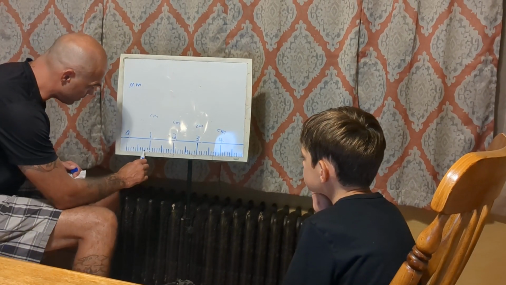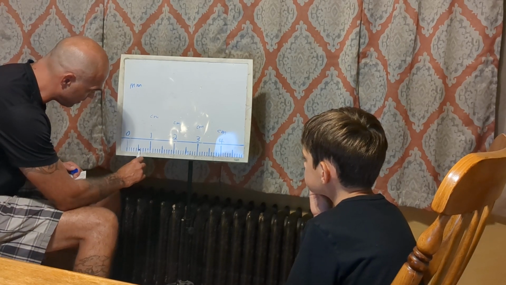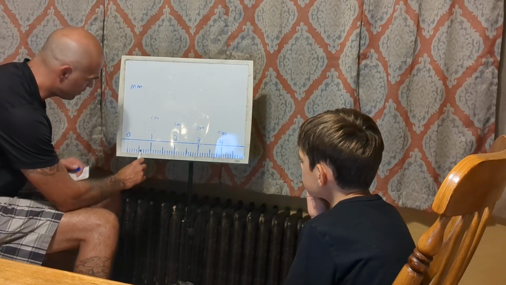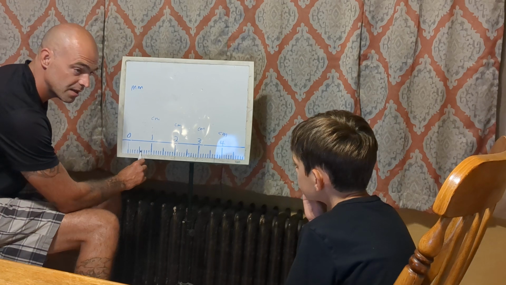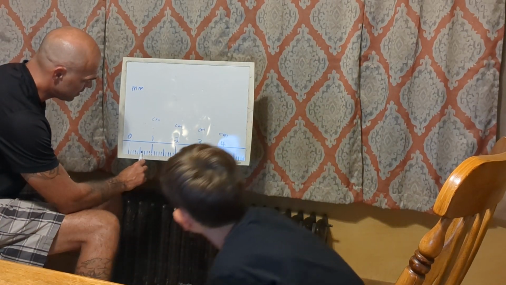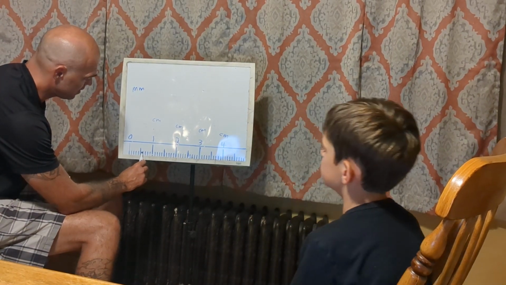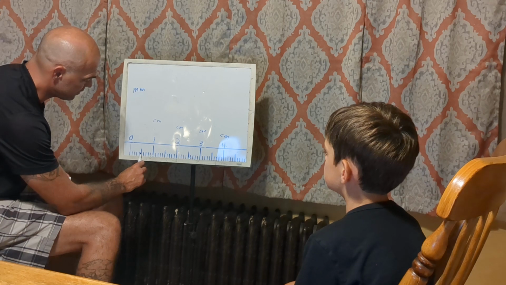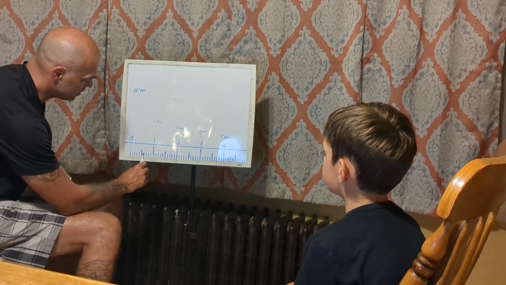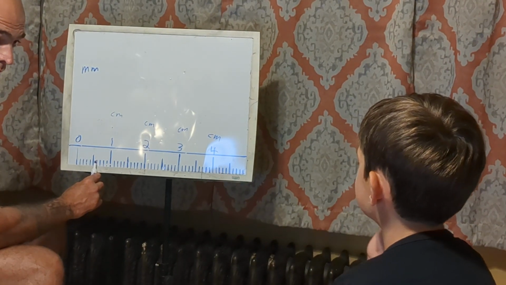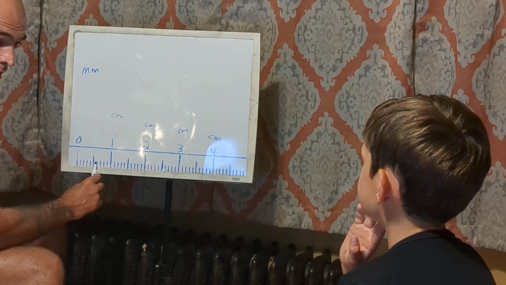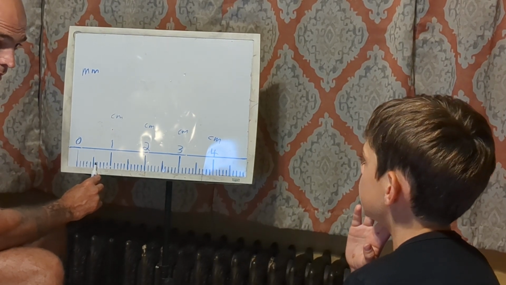Okay, so if I ask you what this one was right here, what would that one be? This one right here where my marker is, what's that? 5 millimeters. No, you said this one was 5, right? Yeah. So what's this one? 4.